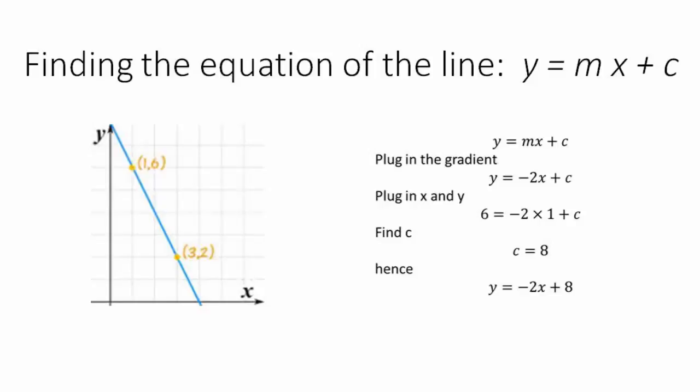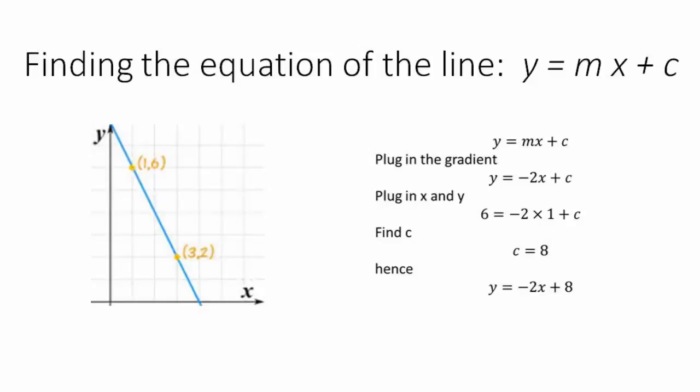Another popular way of writing it is ax + by + c = 0, where a, b and c are integers. So please don't get this idea that any equation of a straight line must start y equals, because that's not true. But if it does start y equals, then the coefficient of x will be your gradient, and the number on the end will be your y-intercept. And I'm sure you remember that: m is the gradient, c is the y-intercept.